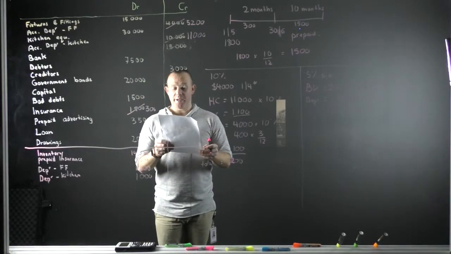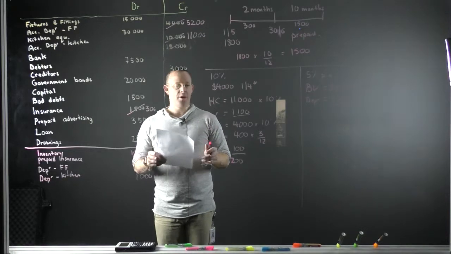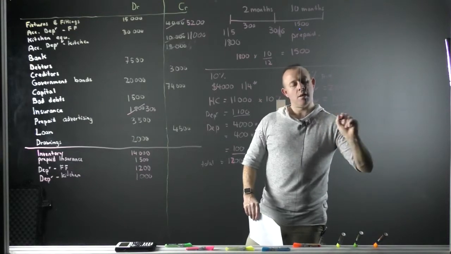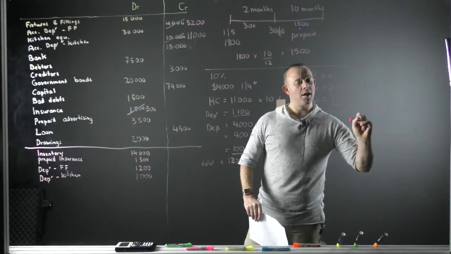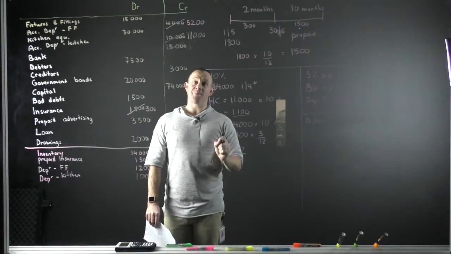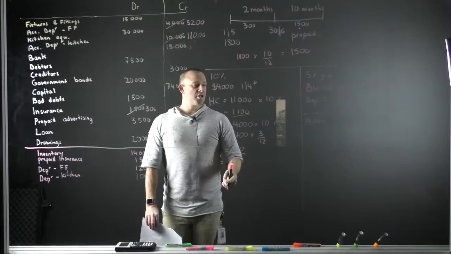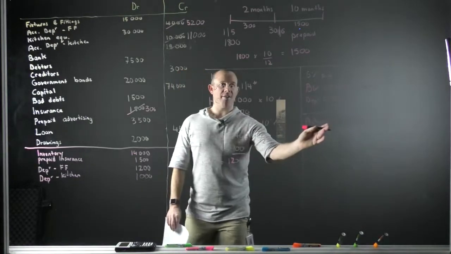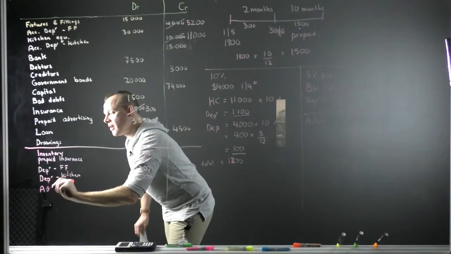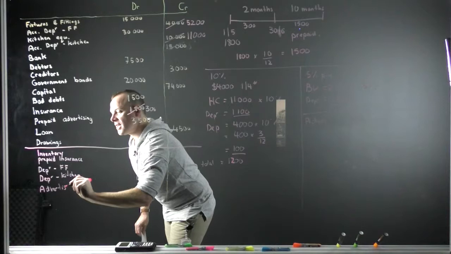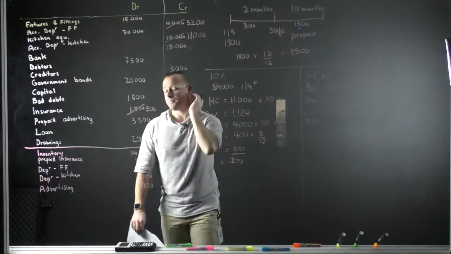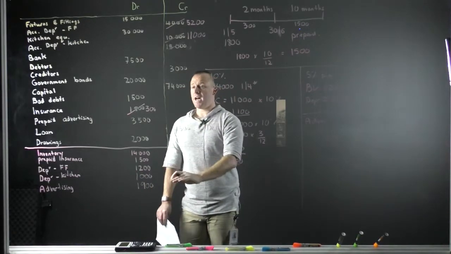Advertising for the period is 1,900. Now if we look into our ledgers, we've got prepaid advertising. So this is method B in our textbook. We need to record our advertising, there's no advertising expense here, so advertising is 1,900.